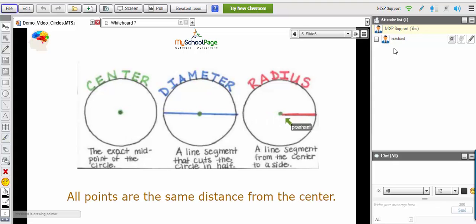Radius is the distance between the center and any point of the circle. So we can say this is a circle, this is a radius, this is a radius, this is a radius. So radius is the distance from the center to any point on the circle.